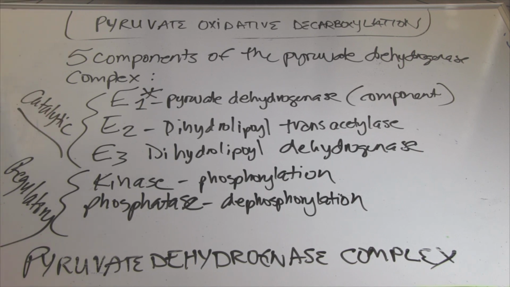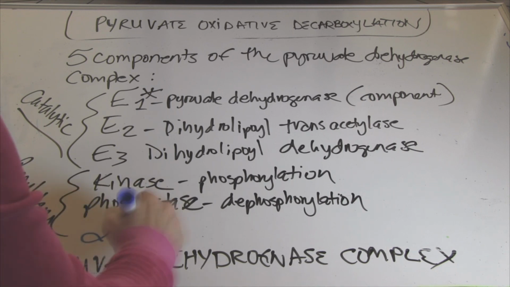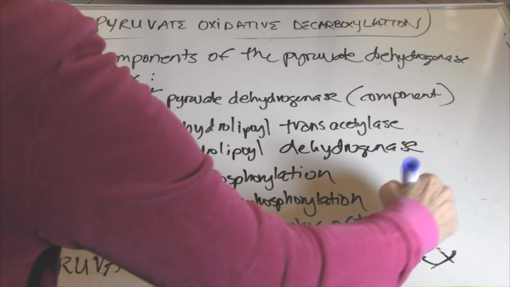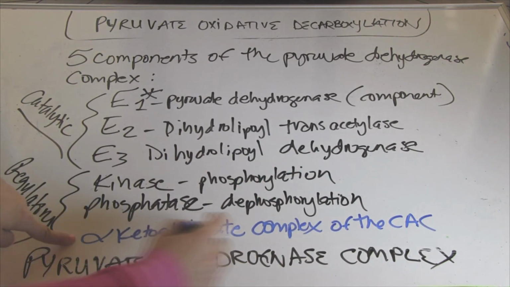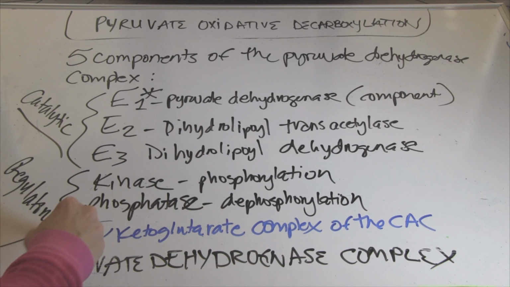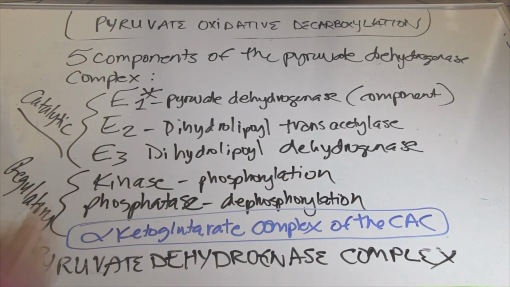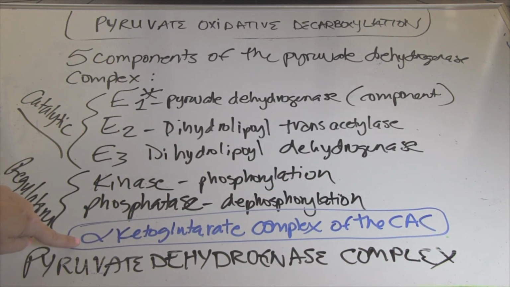This is a complex that is going to be very similar to the citric acid cycle alpha-ketoglutarate complex, step 4, very, very similar.